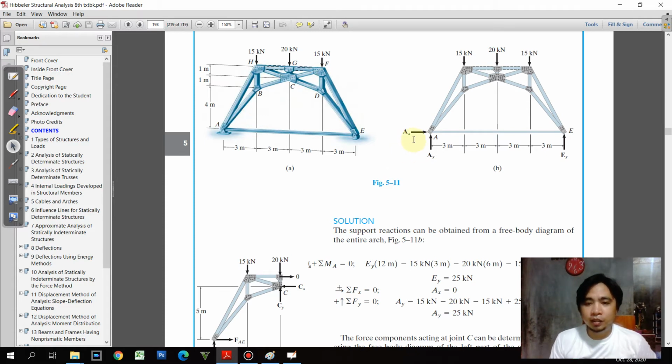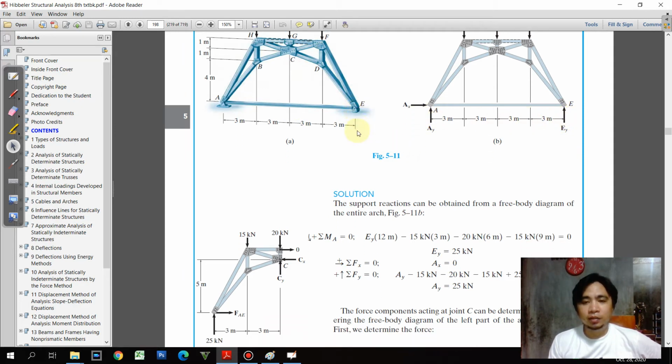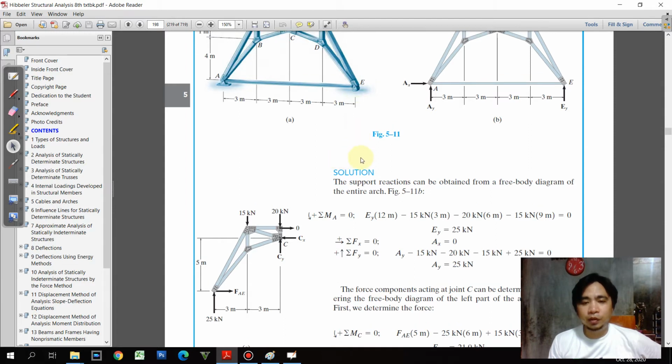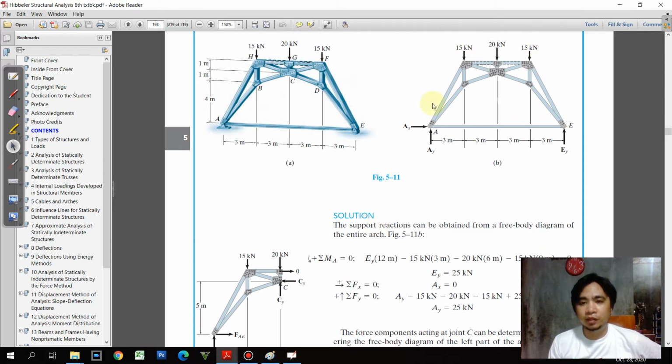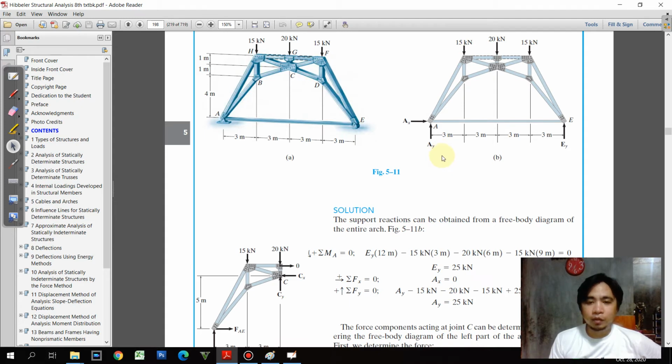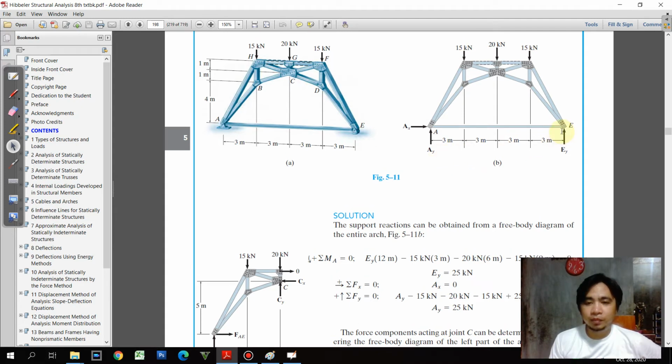That is why we have two reactions at the pin at A and the single reaction at the roller at E. So you can see here. So therefore, we are going to have the free body diagram of the entire arc, considering the whole structure here. And then we are going to take moments at E.